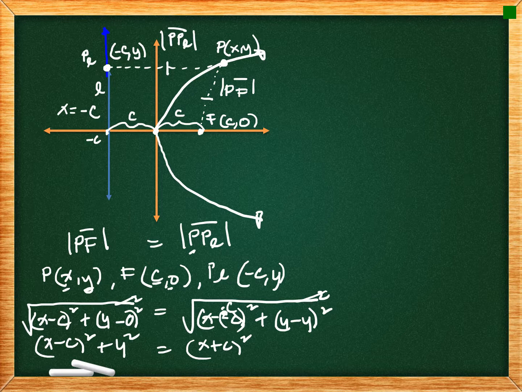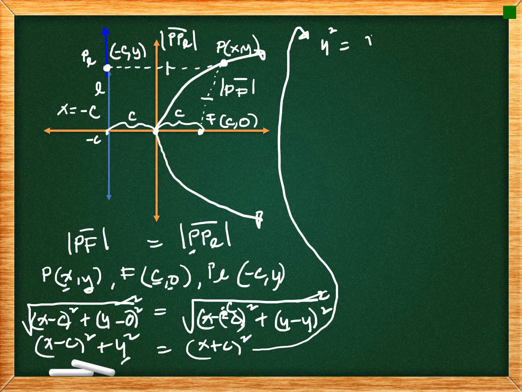And then we write the groups with the same variables to the right. So what will remain at the left is just Y squared. And we have X plus C quantity squared minus X minus C. And we expand that.